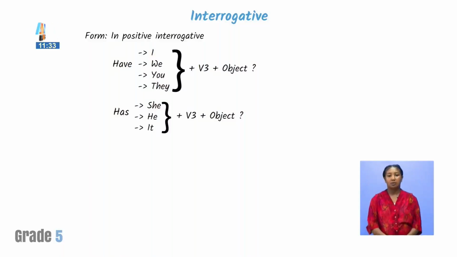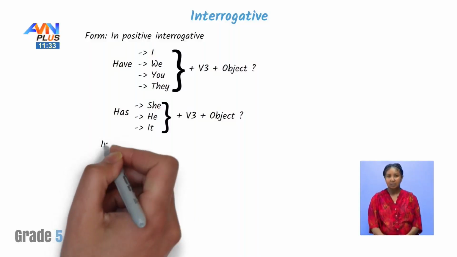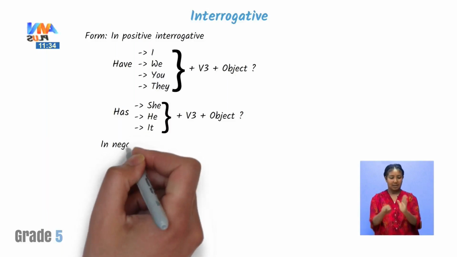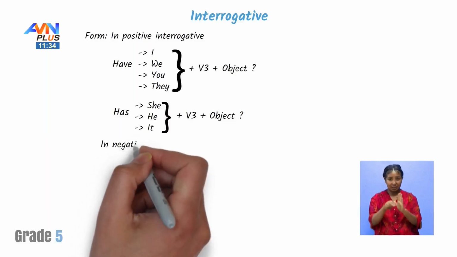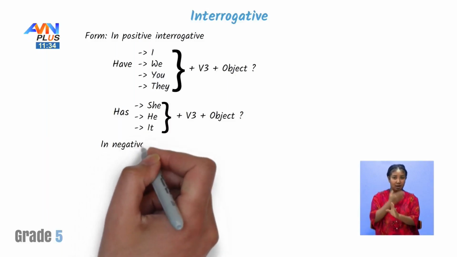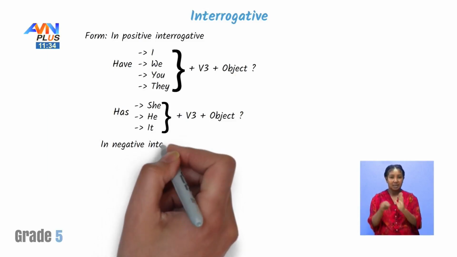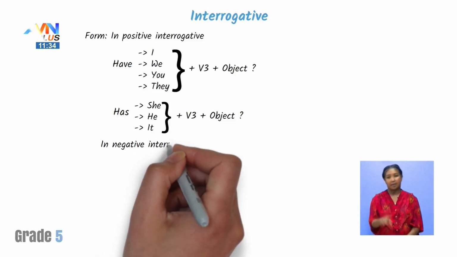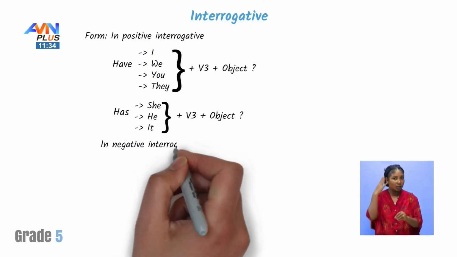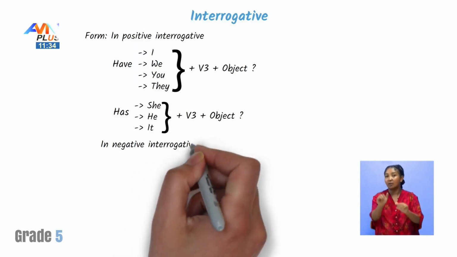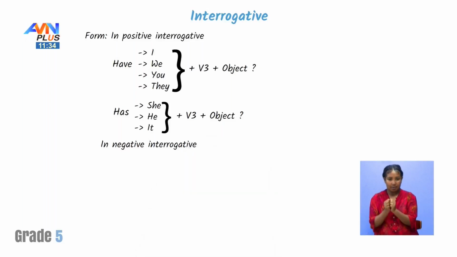What about in negative here? In negative, as we have talked earlier, we can use a negative interrogative. Don't forget, when we say negative here, we're not talking about the negative without a question mark. This one is interrogative.